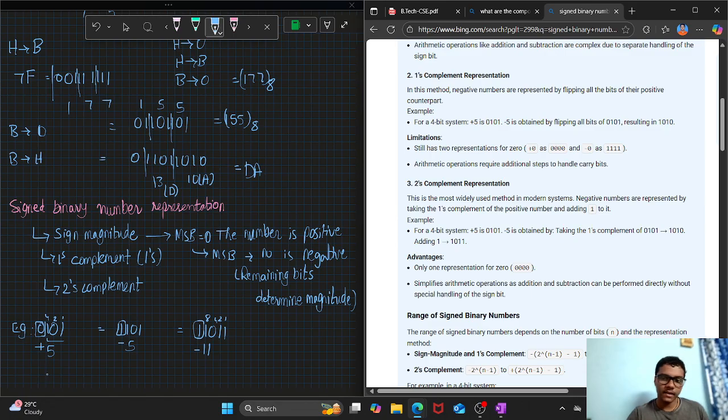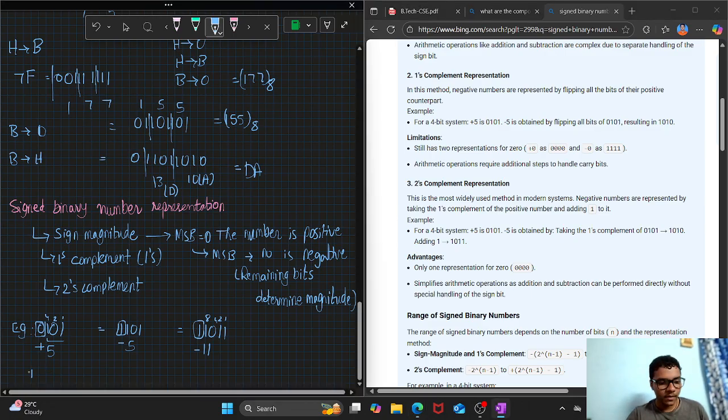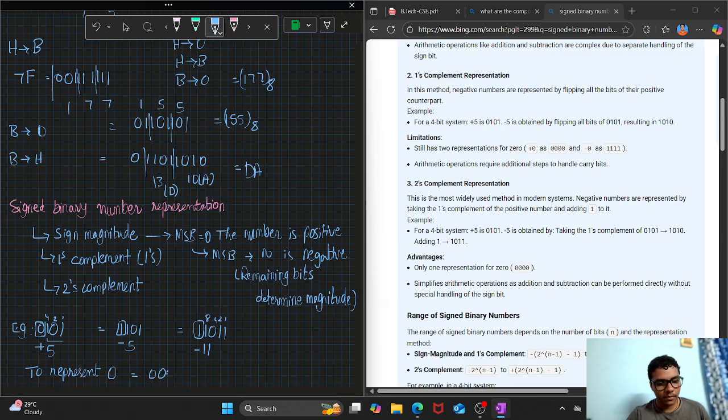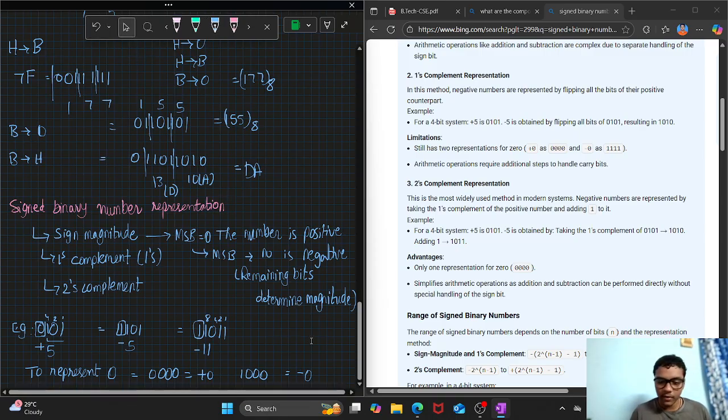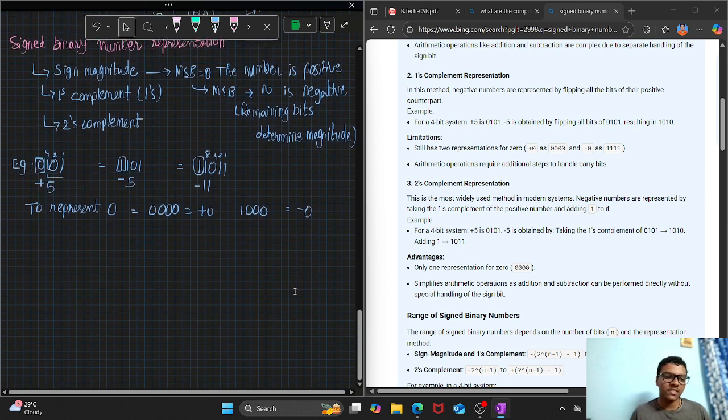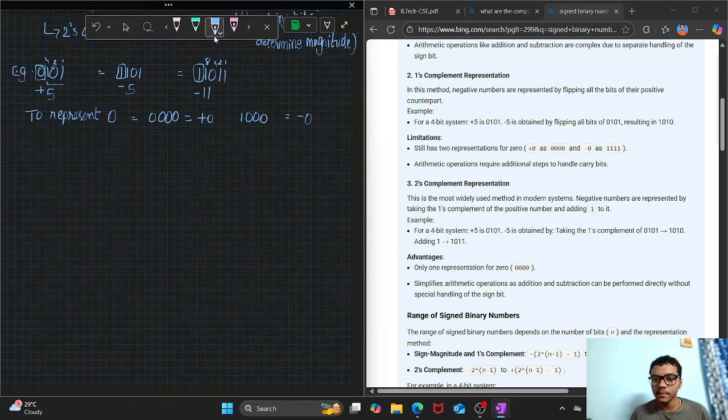This is very convenient, right? But the problem is to represent 0, you have 0, this one, this means plus 0, and this means minus 0. So that is not how 0 works, right? You need to have only single representation for 0 because 0 is neither positive nor negative.